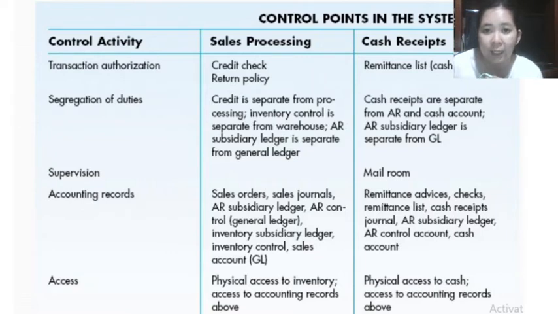For the cash receipts, of course, there should also be physical access controls, because cash is susceptible to theft. That's why they have to be very careful about handling cash receipts. In terms of supervision, there should be at least a mailroom for the remittance, and a separate person should handle the deposit and the records.